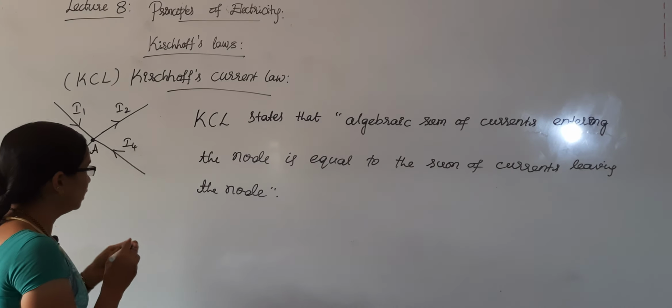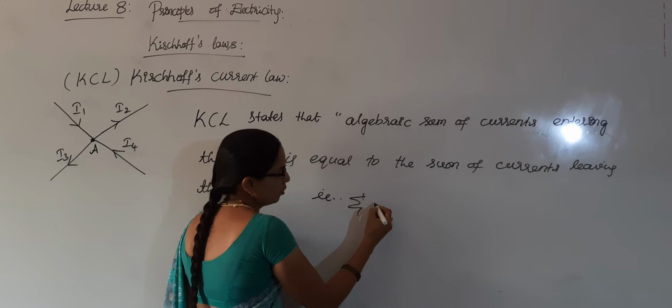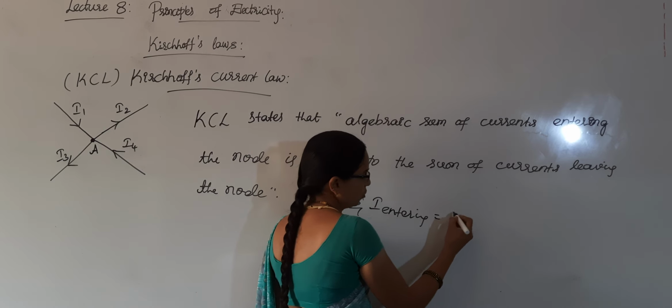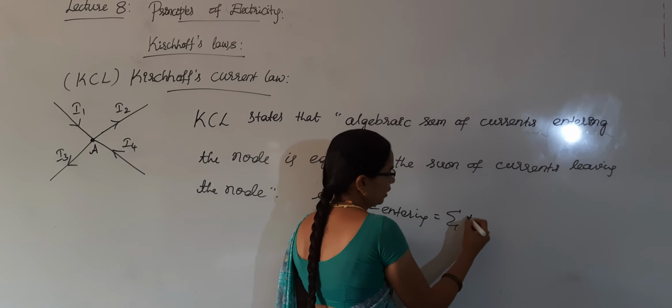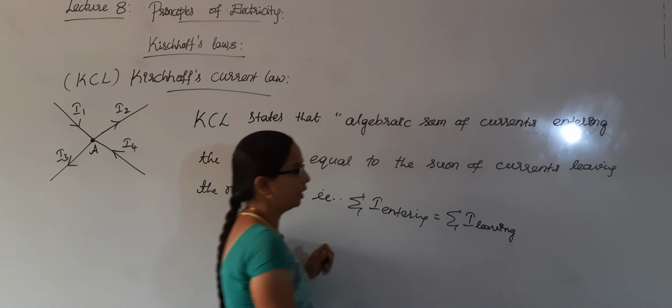That means here the algebraic sum of currents entering is equal to the algebraic sum of currents leaving. I entering is equal to I leaving.